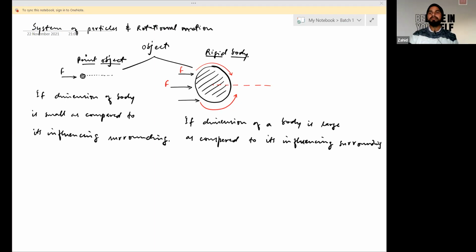Nikhil, good evening, sir. Evening. Yes, sir. I'll be continuing this batch. Sir, by when will this chapter get over? We have just started this. This is the first class of this chapter. Oh, okay, sir. Work, energy, and power, right, sir? No. Chapter number 7, that is rotational motion. Oh, okay, sir.